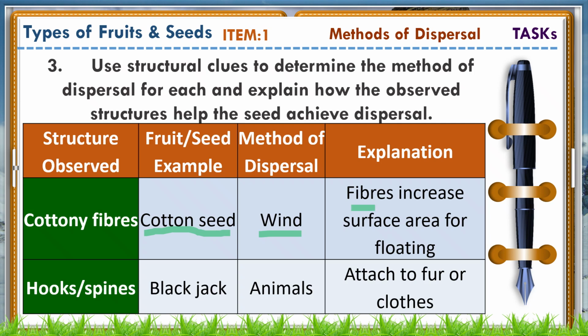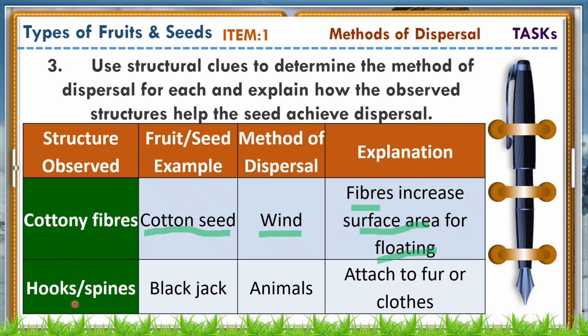What the fiber does, it increases the surface area for floating. As the seed is flying in air, the fibers are acting as an increase of the surface area so that they can be acted upon by the wind to be carried from the parent to other areas.